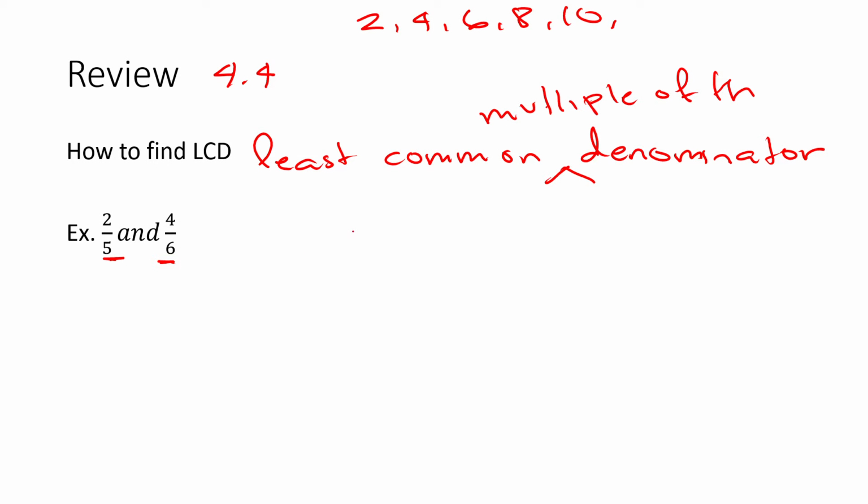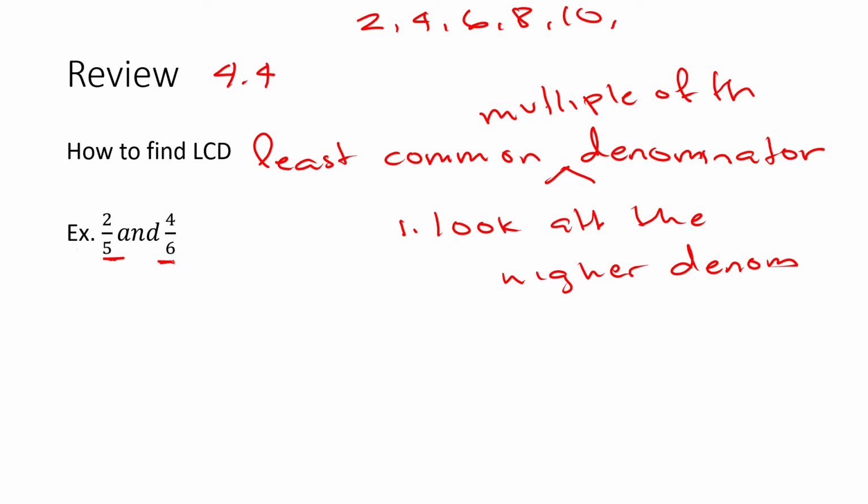Now, do you guys remember how to find the LCM of any numbers? Well, if you didn't, the first step is to look at the higher denominator. Which one is the higher denominator, 5 or 6?